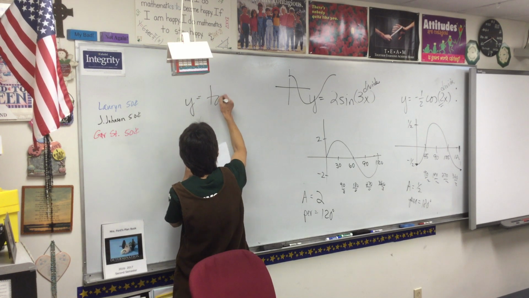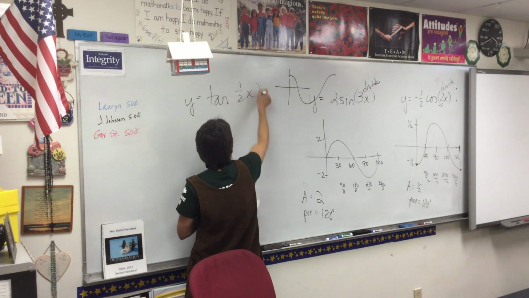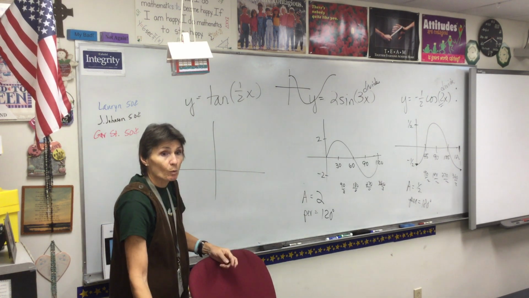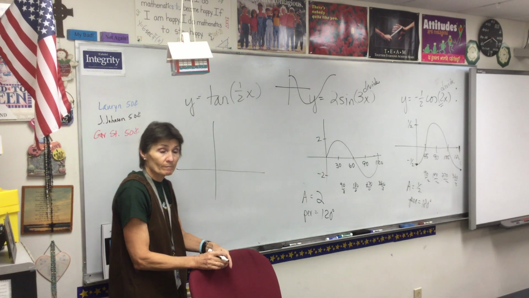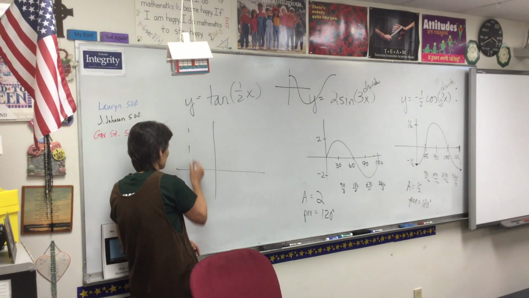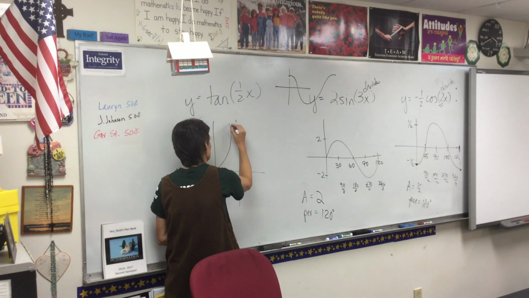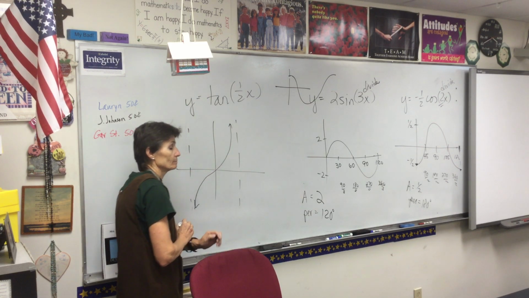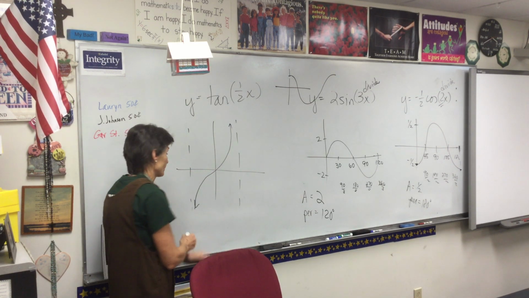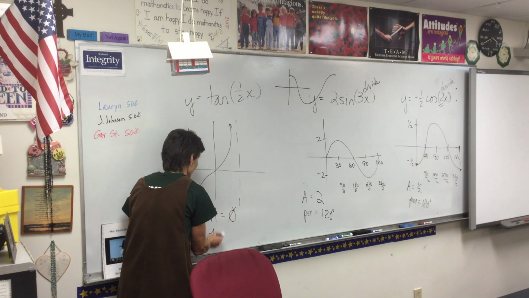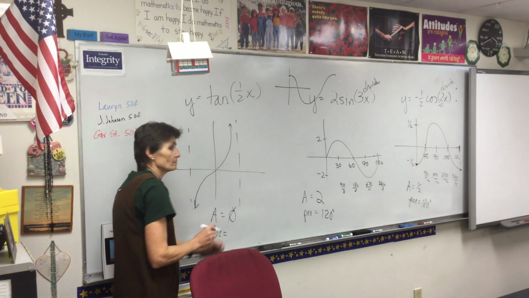One more. Probably the easiest one of all. It's a tangent. And tangents, you know, are asymptote squiggle. What's the amplitude? None. Don't have one ever for a tangent.